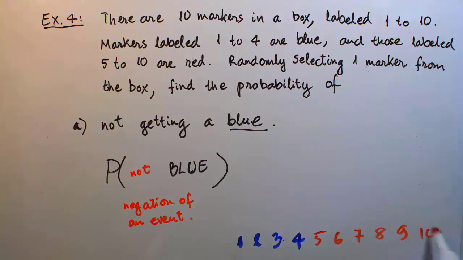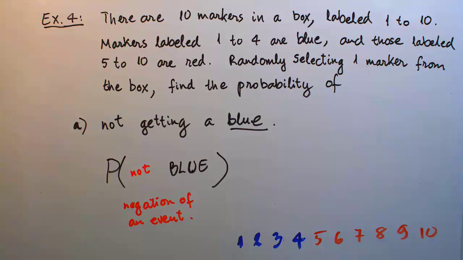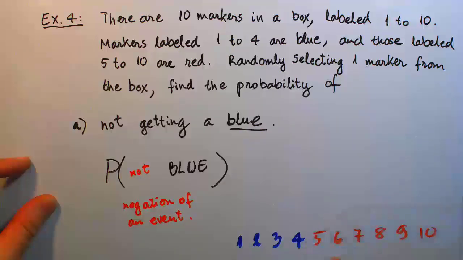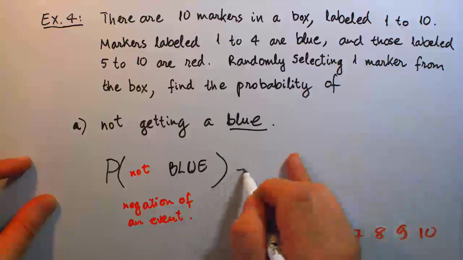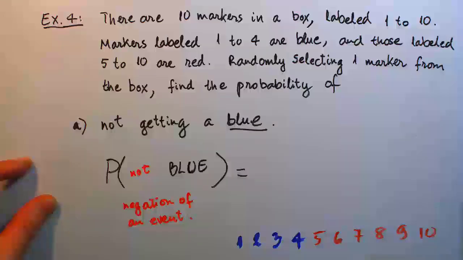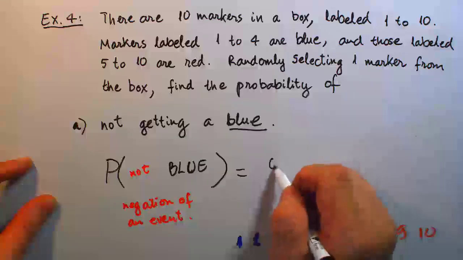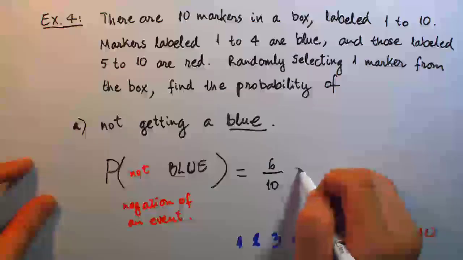There are 10 markers altogether, and 4 of them are blue. So not blue simply means all I need to focus on are the 6 that are not blue. By direct count from the sample space, it's simply 6 out of 10. That reduces down to 3 out of 5, which is good enough.